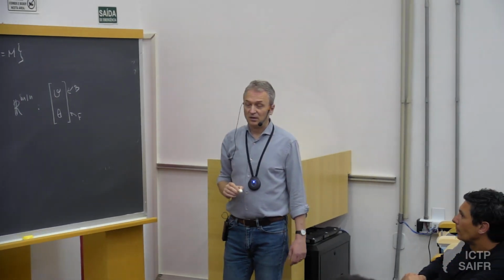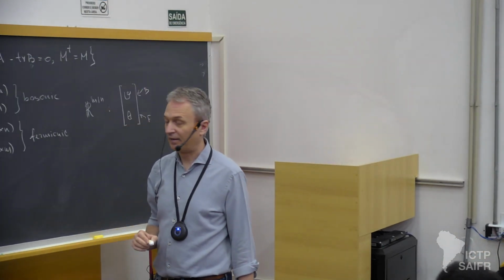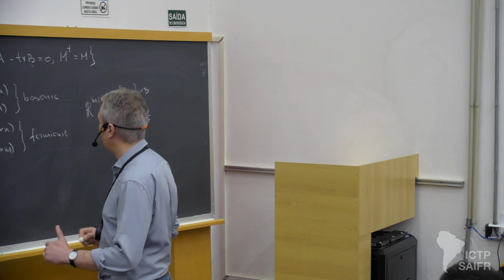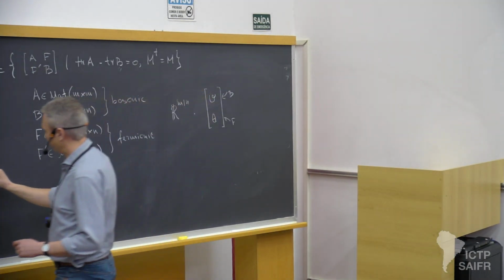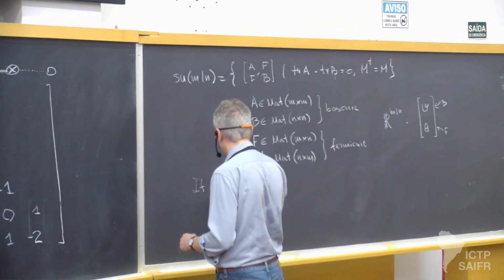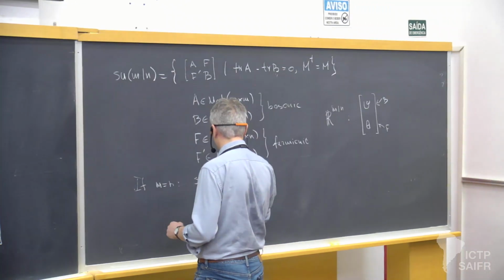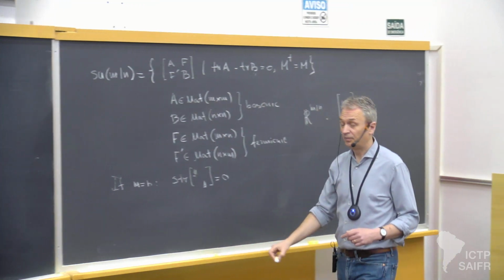But you also said that it is related to the trace condition. So if m is equal to n, then the supertrace of the unit matrix is equal to 0.